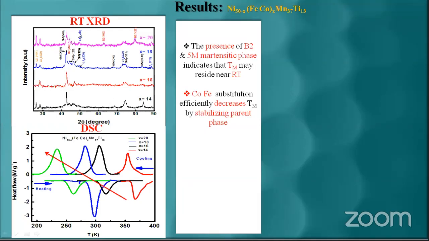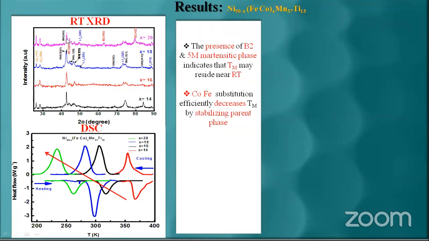What was the reason for having broad peaks? Actually, here there are three phases. In this peak, the martensitic phase and austenite phase are mixed. If I zoom in, then we can clearly observe more than one peak there.